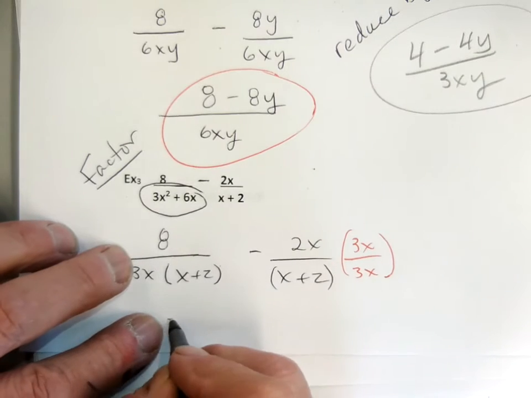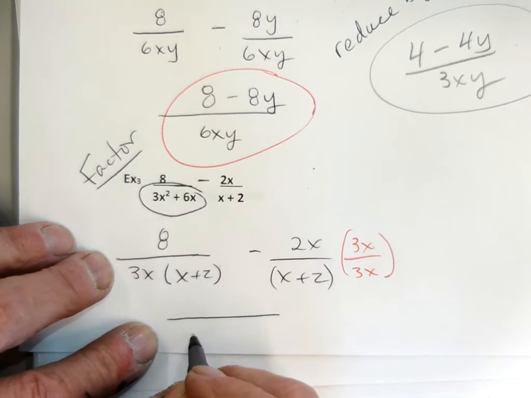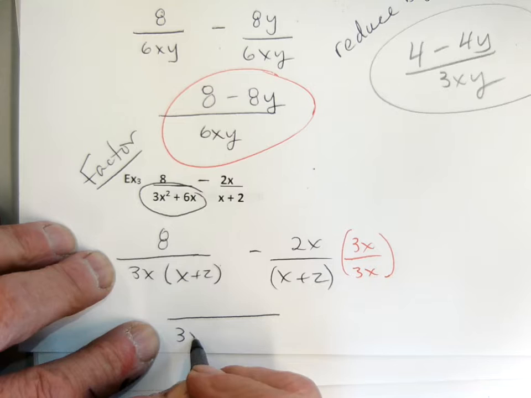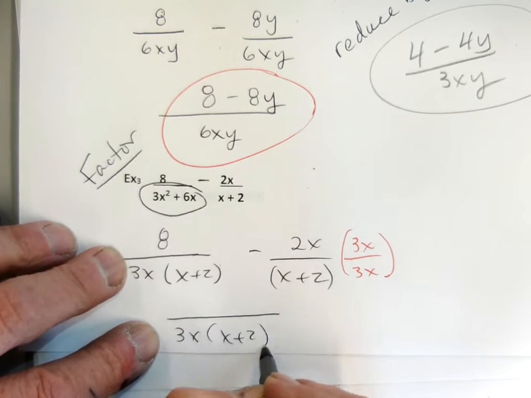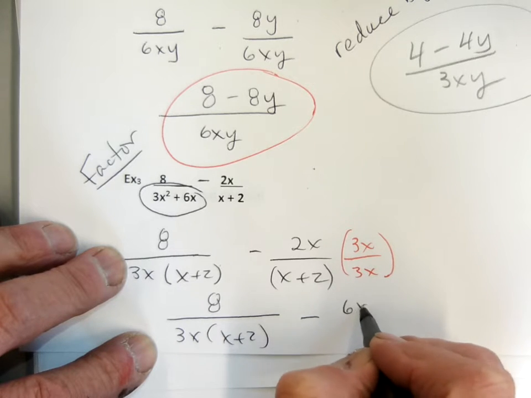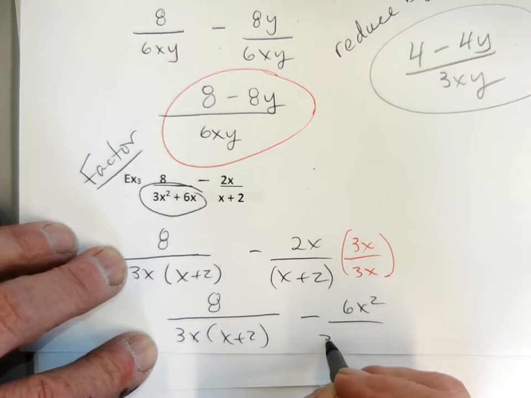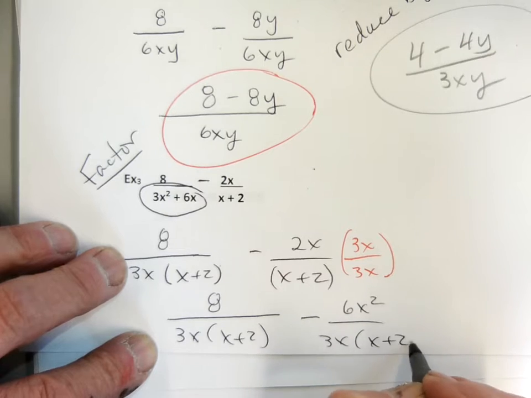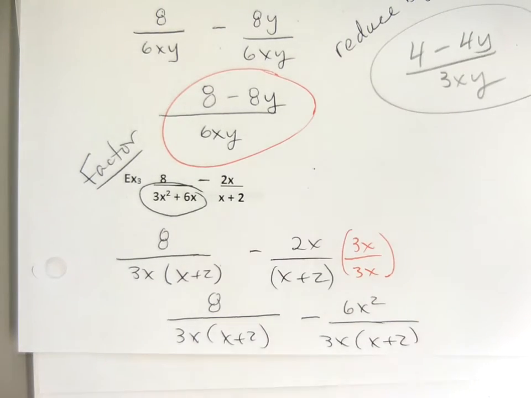So my denominator is going to be my 3x times an x plus 2 minus 6x squared over 3x times an x plus 2, okay? Alright, kind of complicated, right? But we're getting it. I think everybody sees that we needed 3x. Got that again, 3x, so they have the same. And I need to make that a 6x squared.